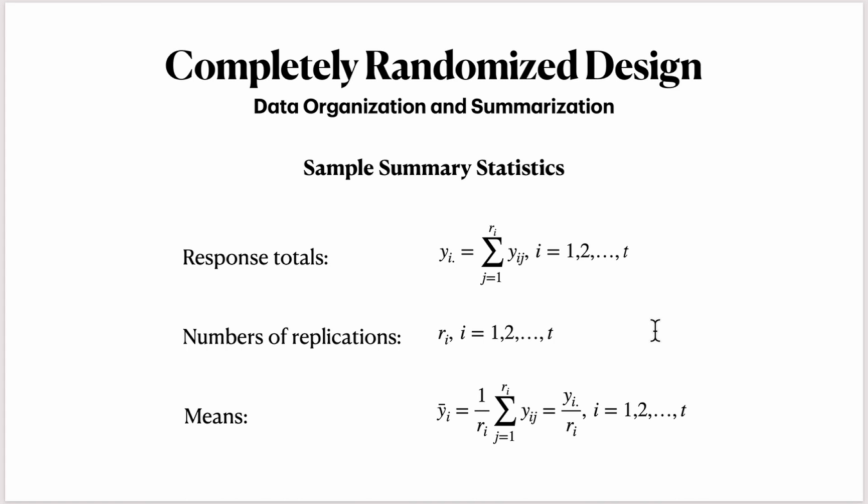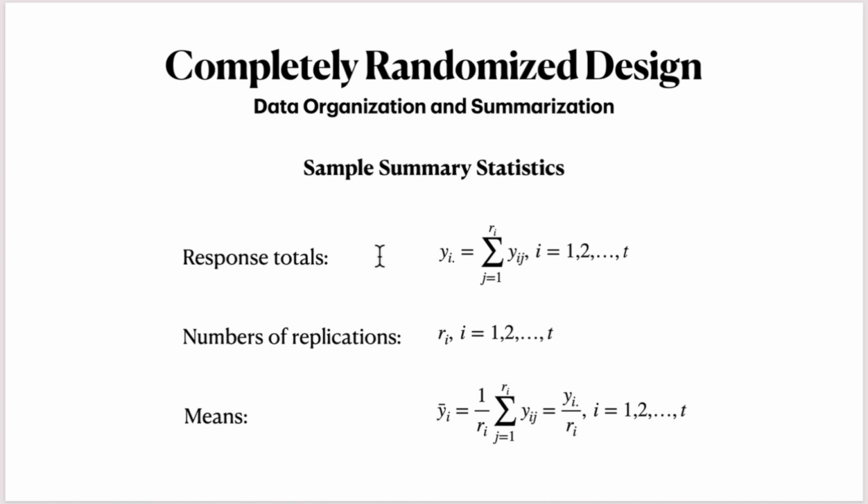And so let's first look at sample summary statistics. We're talking about organizing the data and summarizing the data. And so at the sample level, we're going to be computing the response variable totals. All right, and so here I'm using the variable y to represent the response variable that's being measured.